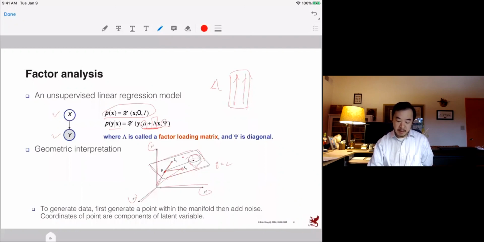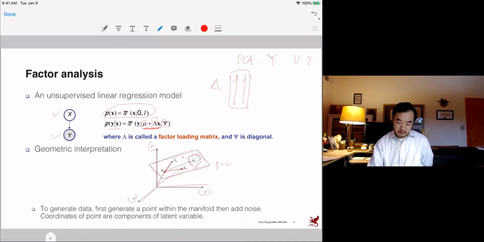In fact, FA defines a problem that is very similar to PCA. In PCA, we are given the raw data, but sorry, I'm going to change notation. Here, I use Y rather than X to describe the observed data. The X are something that we don't know yet. So Y is the only given data, a point cloud that we have. And in PCA, we need to figure out the U matrix, the eigenvector matrix, and the sigma, the eigenvalue matrix.